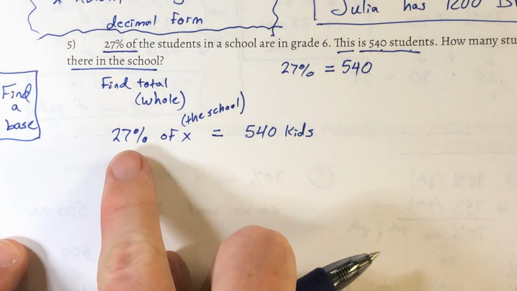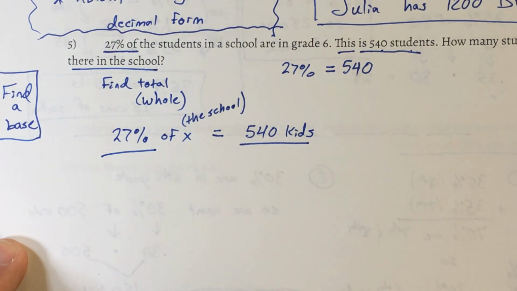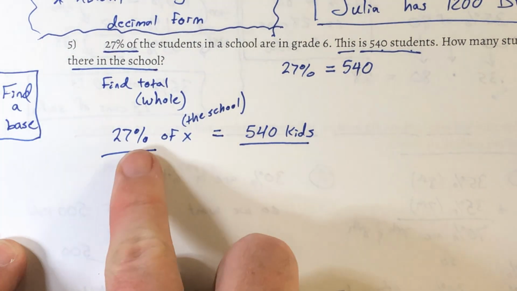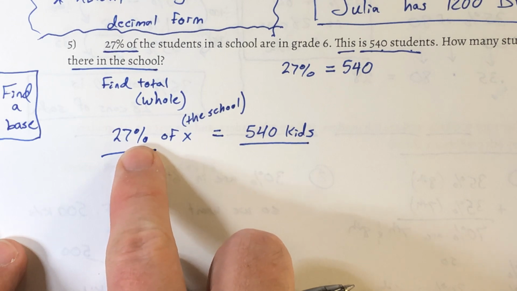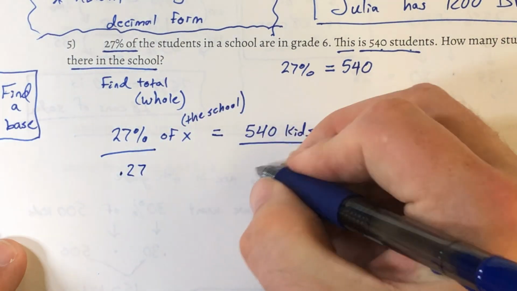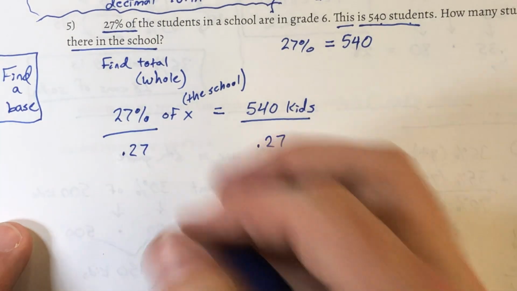Now, what do I do? I'm going to divide by the percent in decimal form. So if I change 27% to a decimal, I move my decimal 2 times left, and that becomes 0.27. This side automatically is going to be 100.